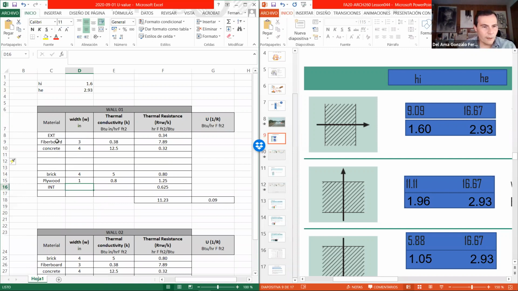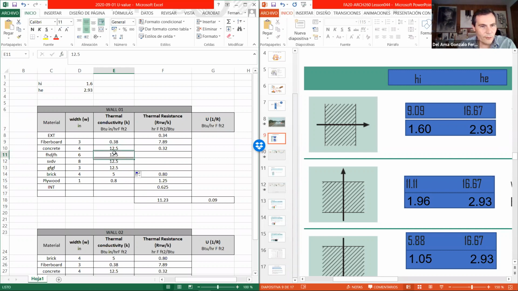Okay, so I don't know if we have another material, whatever, another material. So here we can work with different widths. Remember this, so here we don't have any value for this cell, so you have to click here and drag all these elements.